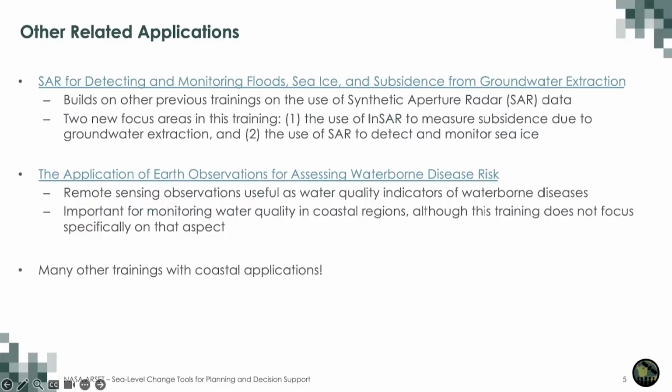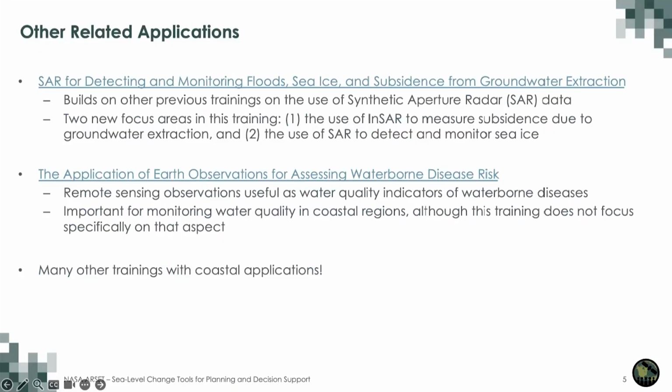So this training builds on other previous trainings that make use of SAR data and focuses on two new focus areas. One is measuring subsidence due to groundwater extraction, and the other is using SAR to detect and monitor sea ice. So the subsidence due to groundwater extraction is very related because that's, in certain coastal areas, a very important driver of vertical land motion at the coast.